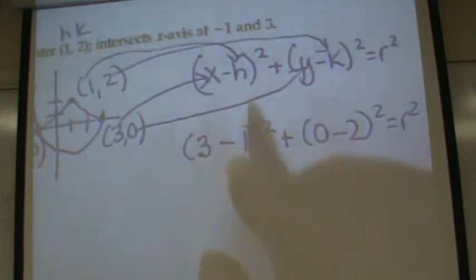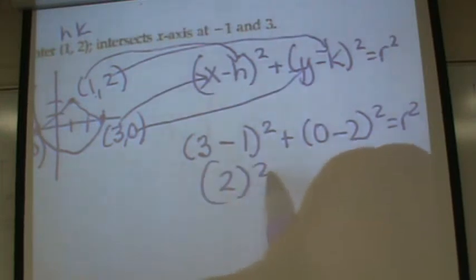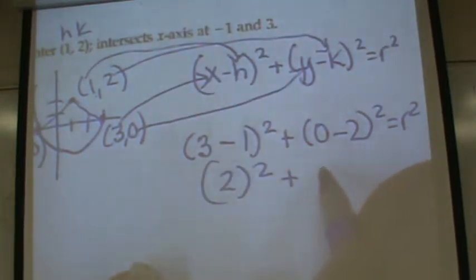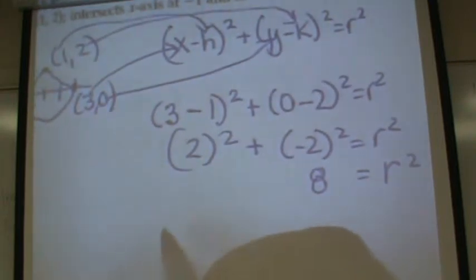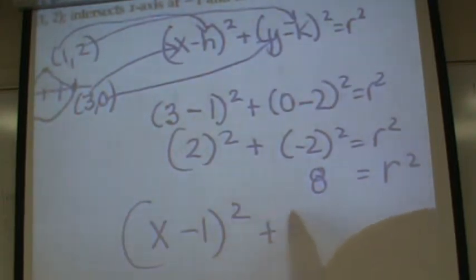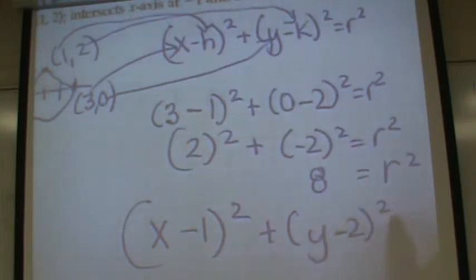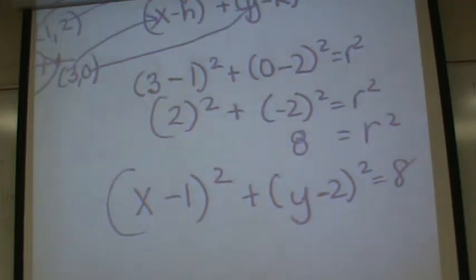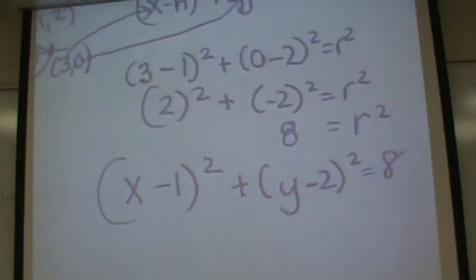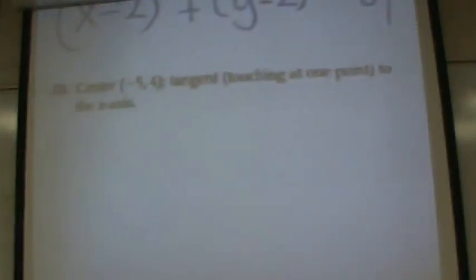So what's 3 minus 1? What's r squared again? 8. So how are you going to write your equation? X minus 1, quantity squared, plus y minus 2 squared equals 8. Questions? Anybody? Last problem.